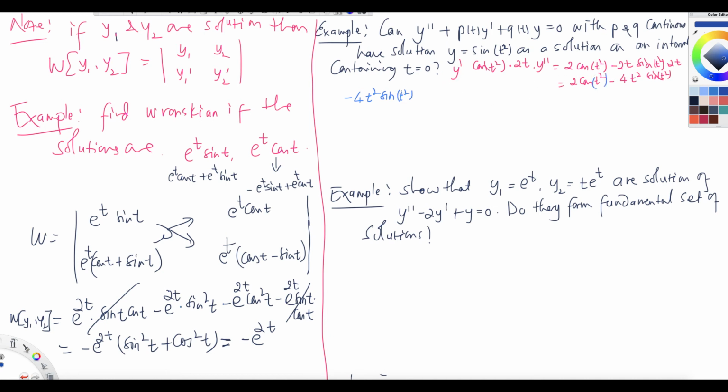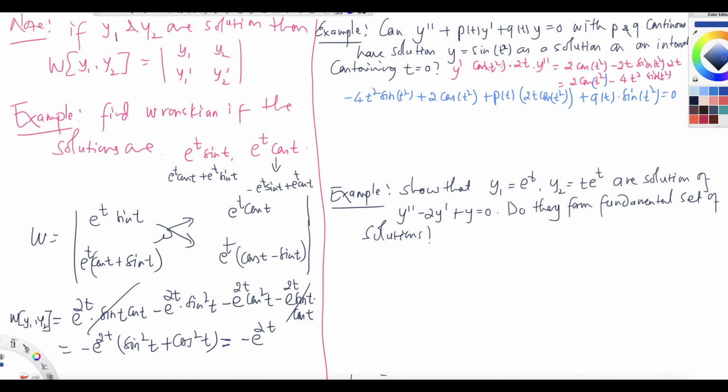And then plus 2 cosine t square, and then plus p(t) times y prime. y prime is 2t cosine t square, right? That is y prime. p(t) times y prime plus q(t) times sine t square equals 0.